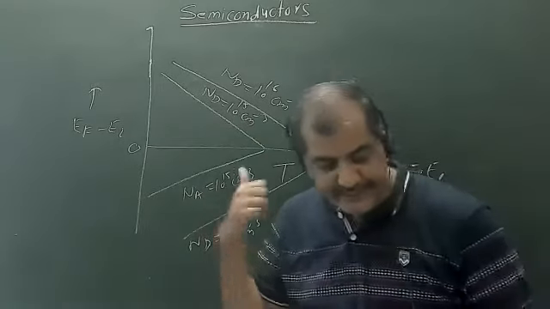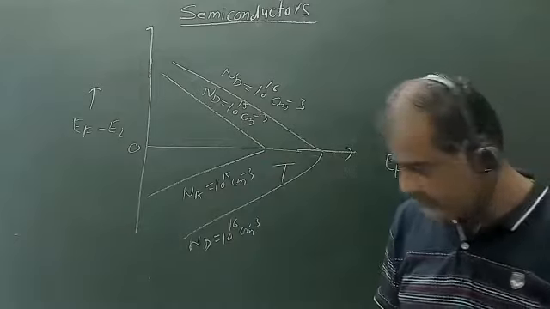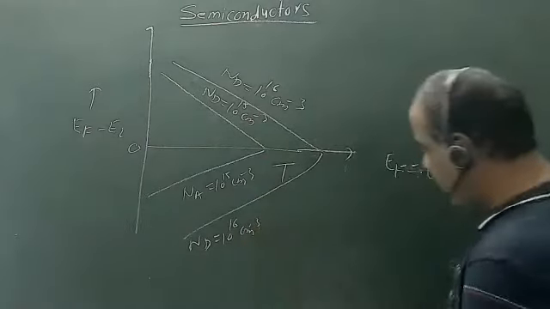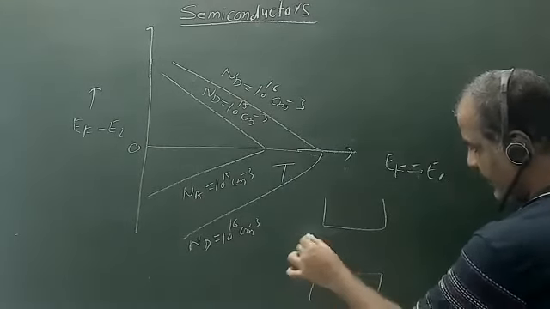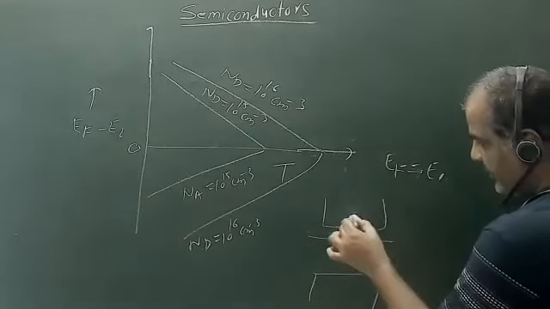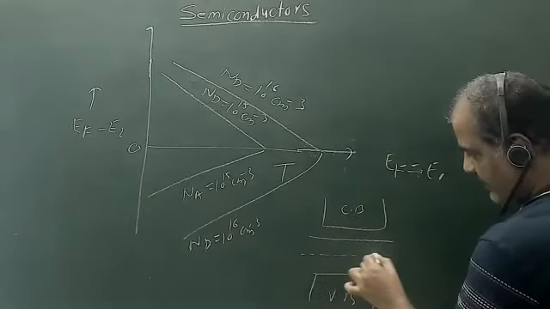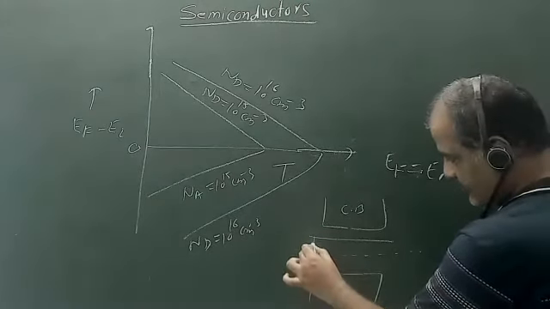ये क्लियर है? Yes, sir. This point is clear? क्योंकि this is your n type, okay, here is a Fermi level close to the conduction band, and intrinsic में यहाँ पे होता है, so when you increase the temperature, this will come down slowly.